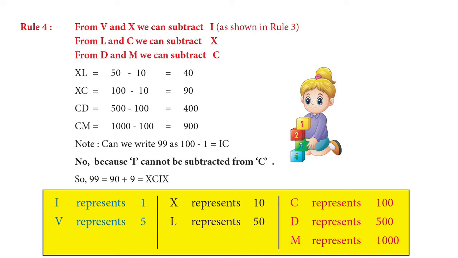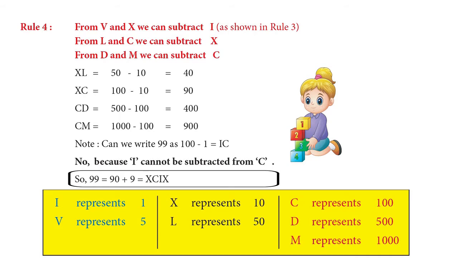Alright, look at the note, important. So, can we write 99 as 100 minus 1, that is I and then C, that means you can minus 1 from the 100? No, that is not how the Roman letters work. So, let us see how it works. 99 is equal to 90 plus 9.